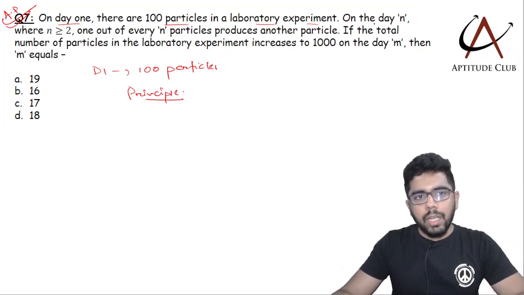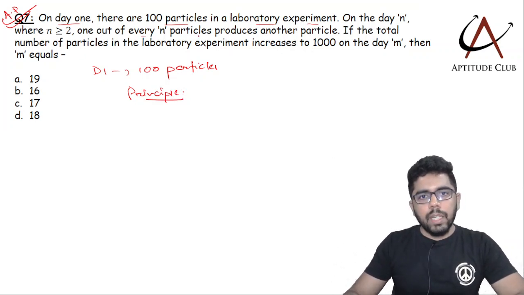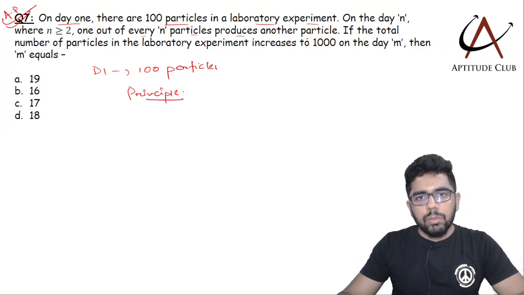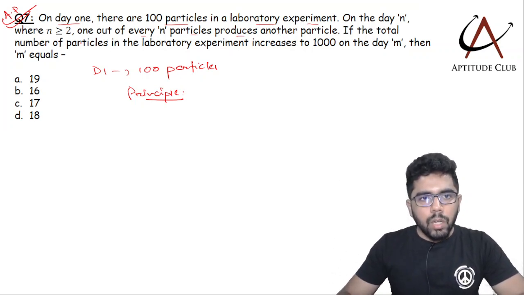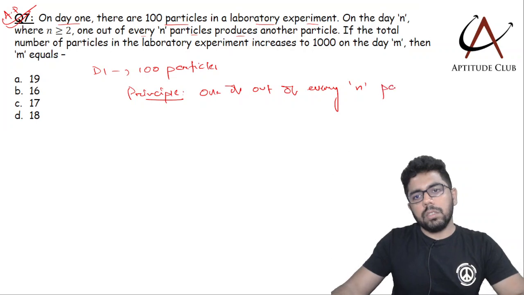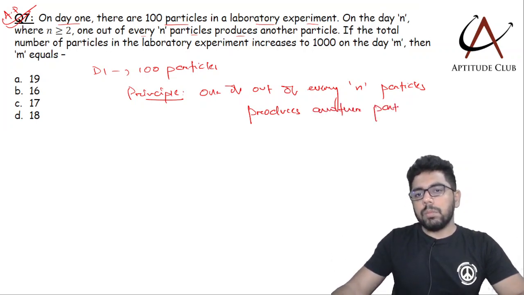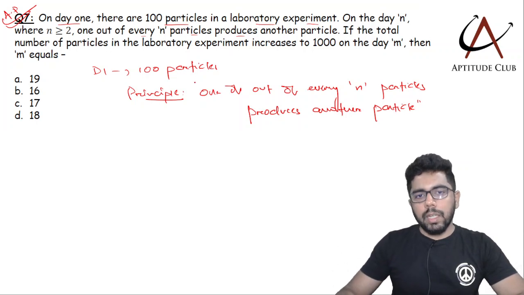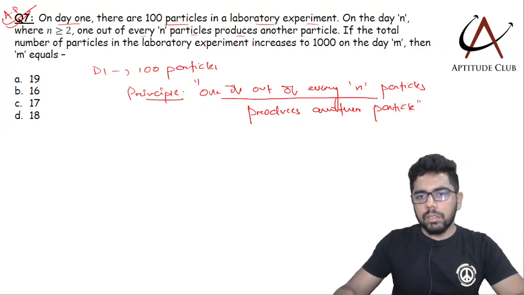Principle is on day n, 1 out of every n particles produces another particle. This is the principle. And this is the most important line of the sentence. If I can understand this, question is solved.